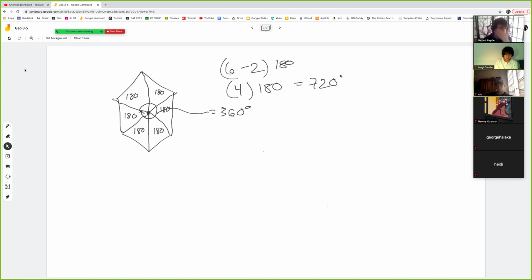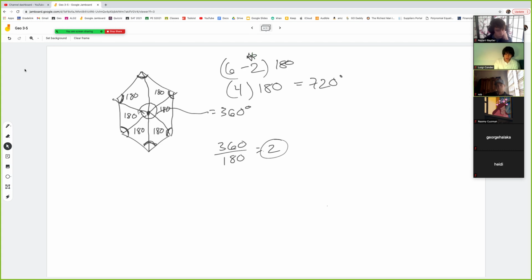However, we are only trying to find these angles now. So we need to add all these 180s up and subtract what? 360, because the middle angles are not included. So basically, what is 360 divided by 180? And the answer is 2. And that 2 makes up this 2 right here. So we are subtracting 2 180s.